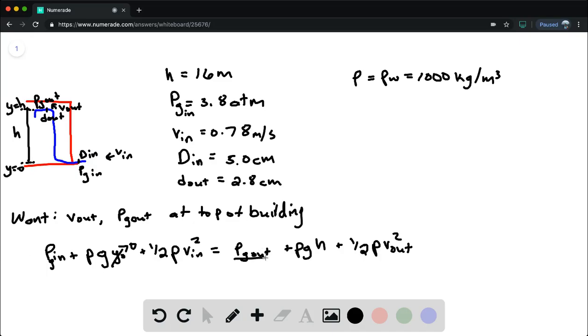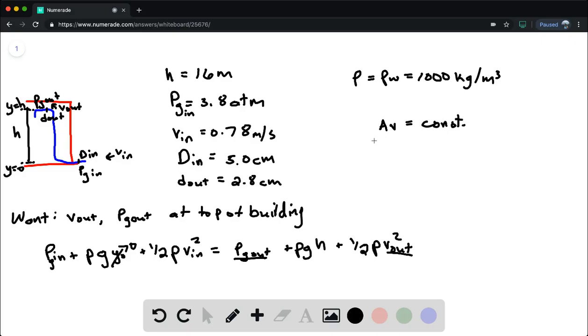We have the output pressure and the output velocity, but this is one equation, and all the other variables are known: the input pressure, the density of the water, g is a constant of nature, acceleration due to gravity, the input velocity, the height h. But one equation with two unknowns isn't enough to solve for those two unknowns. We need another equation, and we can apply the continuity equation for this fluid flow. So we know that the area times the velocity will be constant.